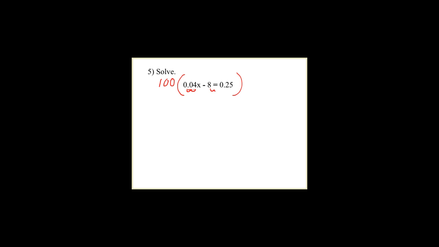Moves it once, twice, moves it once, twice. So it would be 4x minus 800 equals 25. Right? I'm going to use the PowerPoint notes because it's much clearer.